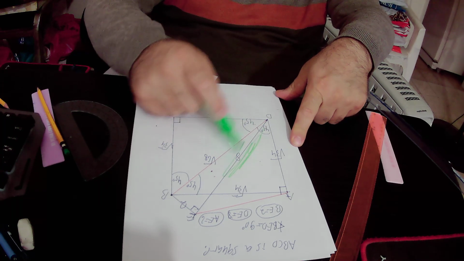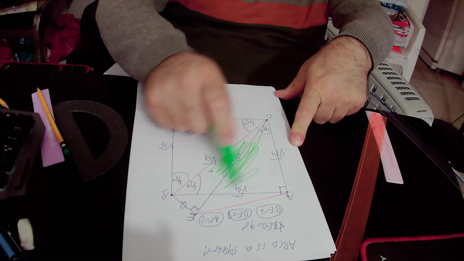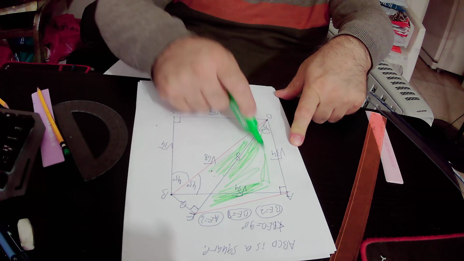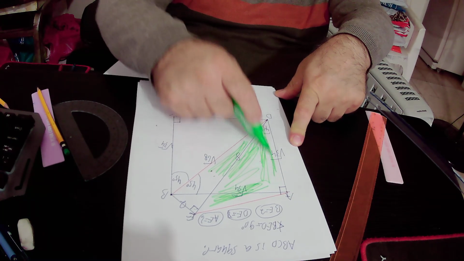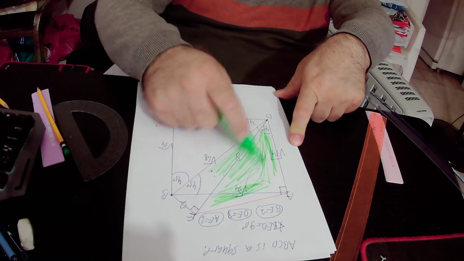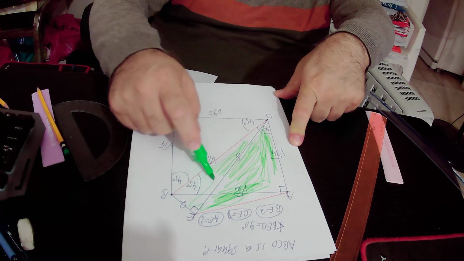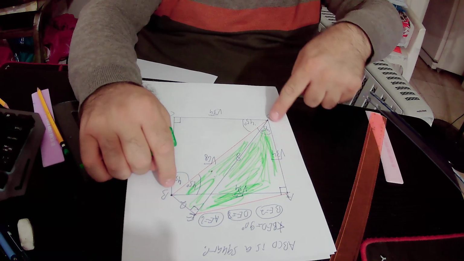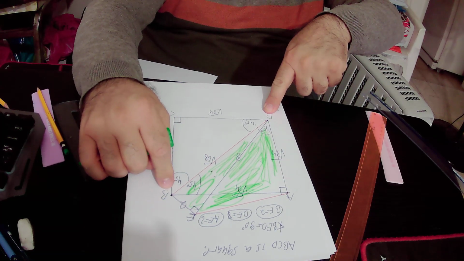So the green quadrilateral is inscribed by a circle according to rule number 2, because we have two equal angles that rest on the same line segment BD.